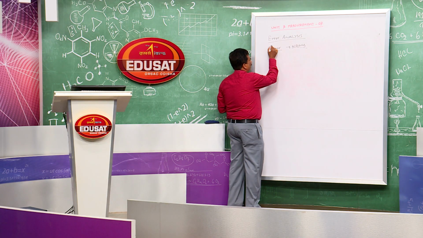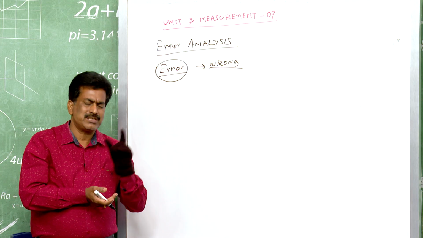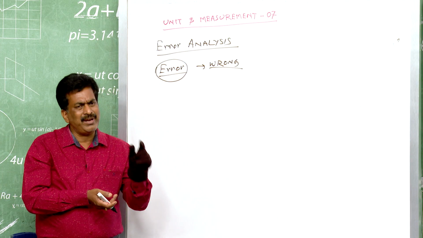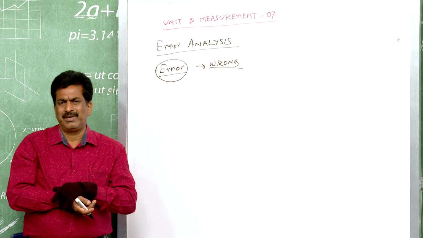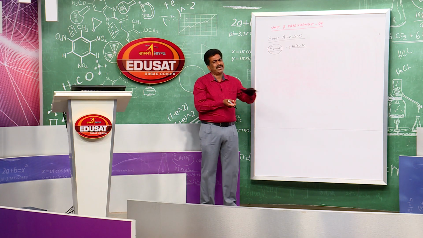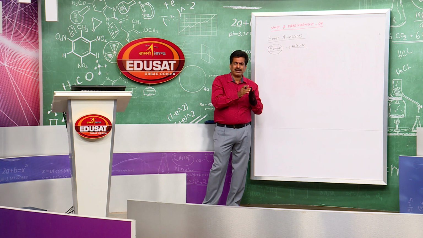So error means, whenever any measurement is going on, there is a proverb: every human being has an error. It is correct. It is going on steadily, no doubt, but at any step there will be a chance of error, means he or she may go away from the track.